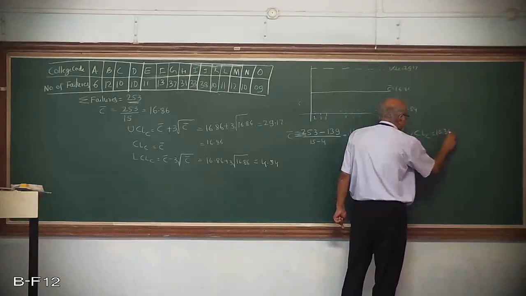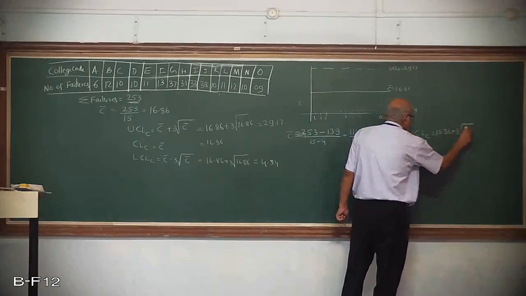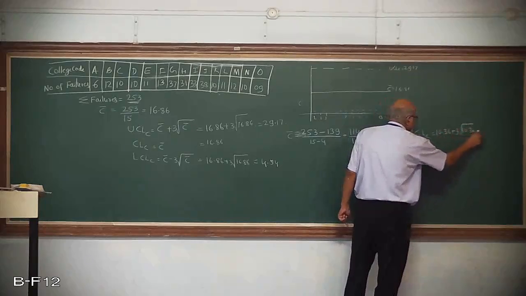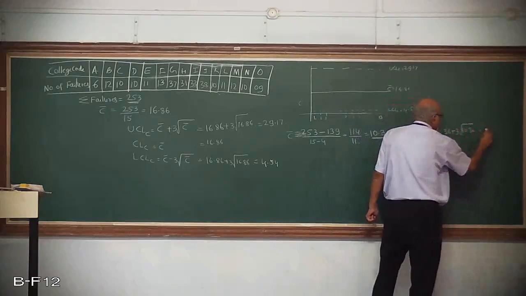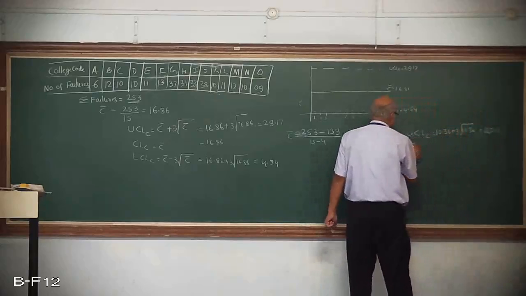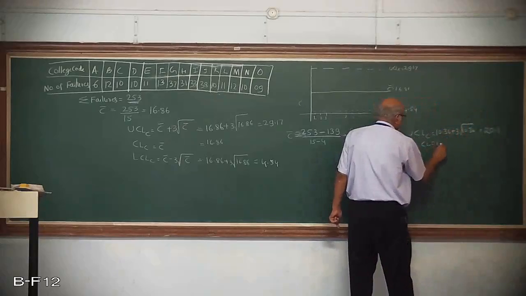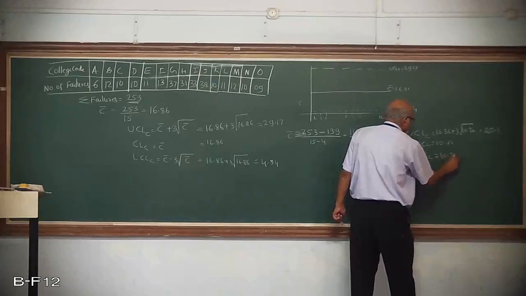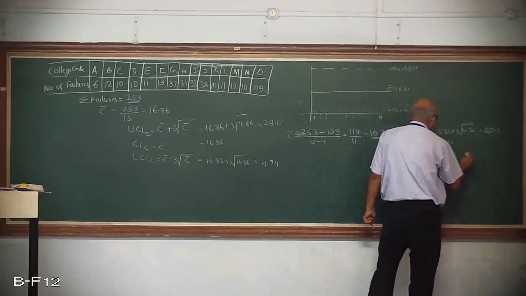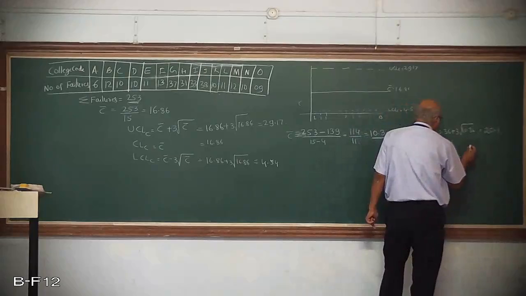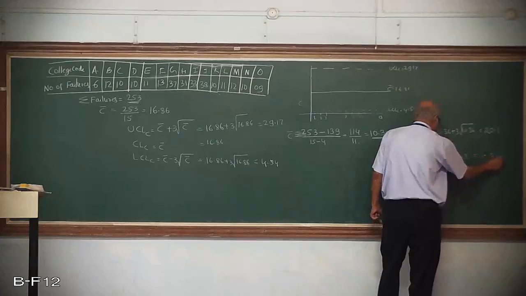10.36 plus 3 times the square root of 10.36 works out to be something around 20 point something. Lower control limit: the central line is 10.36, and the lower control limit is 10.36 minus something around 9, so it might work out to be 1 point something.